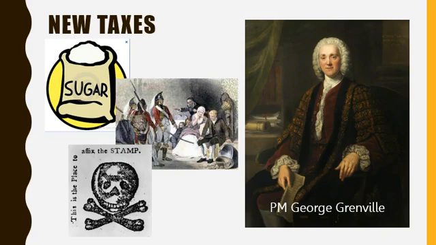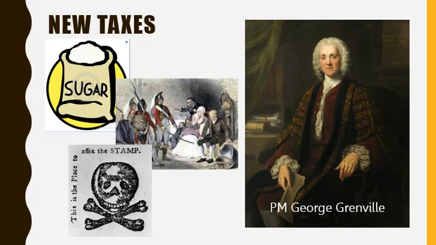Now, the reason why this is very upsetting for the colonists is because they are the only ones having to do this. The Sugar Act is on all of those items, sugar, rum, indigo, wine, whatever. It's on all of that stuff that is imported from Great Britain. If you live in London, you're not going to import anything from Great Britain because you're in Great Britain.